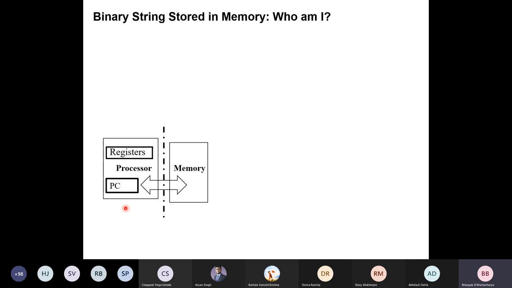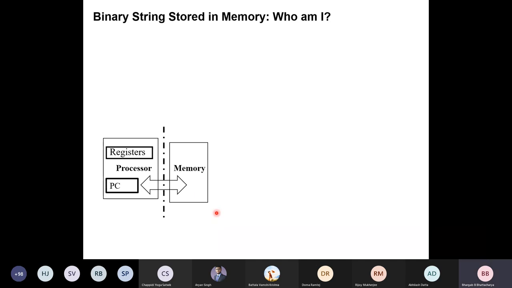Now you know that when you execute a high-level language program, it is compiled to assembly language, and then the assembler translates it into binary strings. So everything now becomes binary strings, a flat file of zeros and ones, and those binary strings are stored in memory. So you input your program and data and store them in memory to start with.